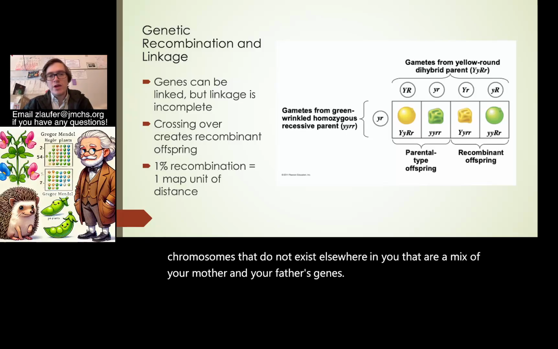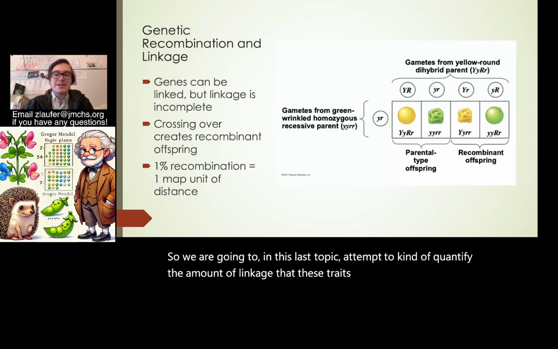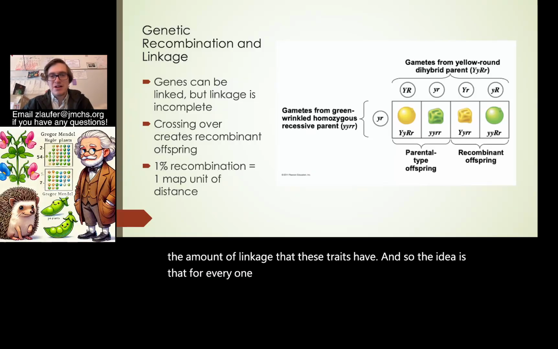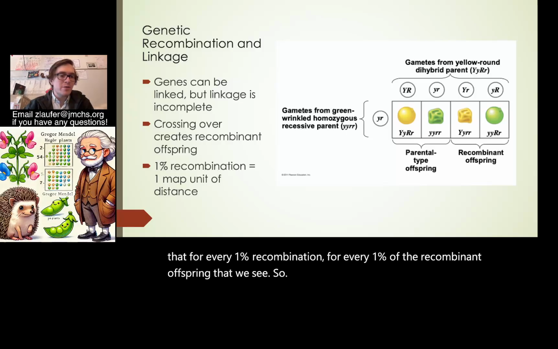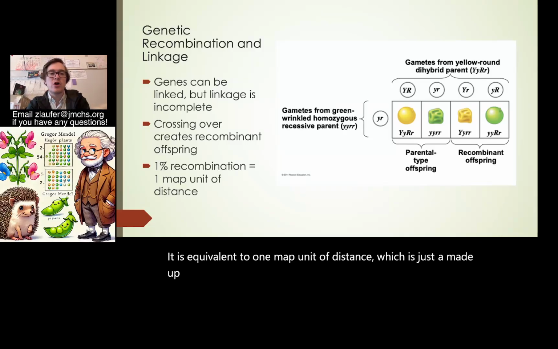So we are going to, in this last topic, attempt to quantify the amount of linkage that these traits have. And so the idea is that for every 1% of the recombinant offspring that we see, it is equivalent to one map unit of distance, which is just a made-up unit to indicate how far apart two genes are on a chromosome relative to each other.